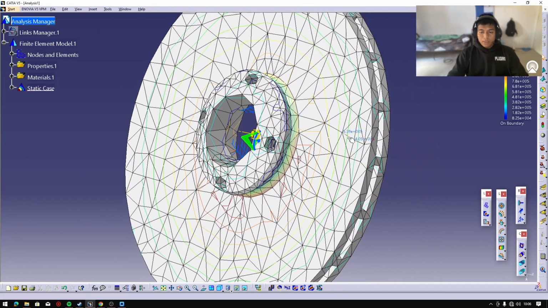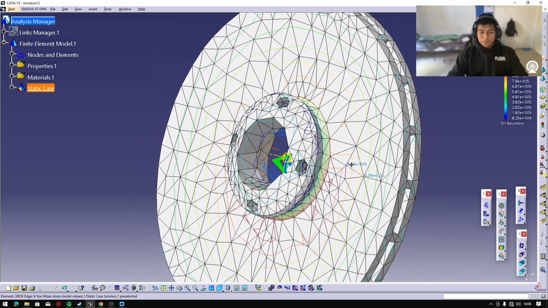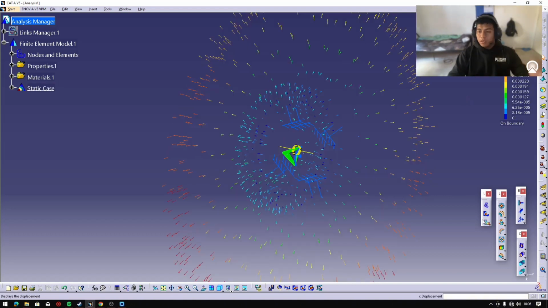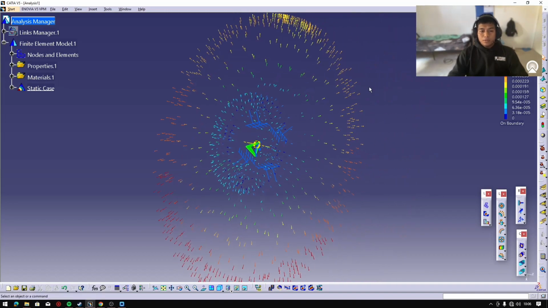Seterusnya, unit adalah semua dalam Newton meter per second, dan untuk translational displacement pula dalam milimeter, di mana perubahan yang berlaku tu berapa milimeter. Itu saja.